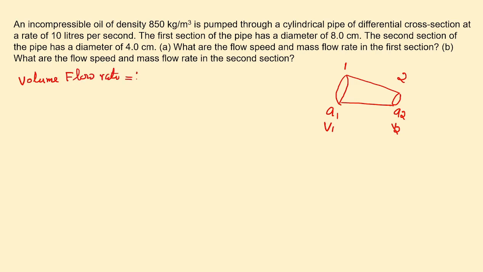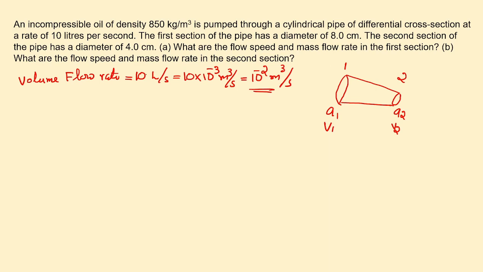That is equal to 10 liters per second. So we can convert it to meter cube per second. That is 10 into 10 raised to negative 3 meter cube per second, which is equal to 10 raised to negative 2 meter cube per second. Now this is the flow rate.